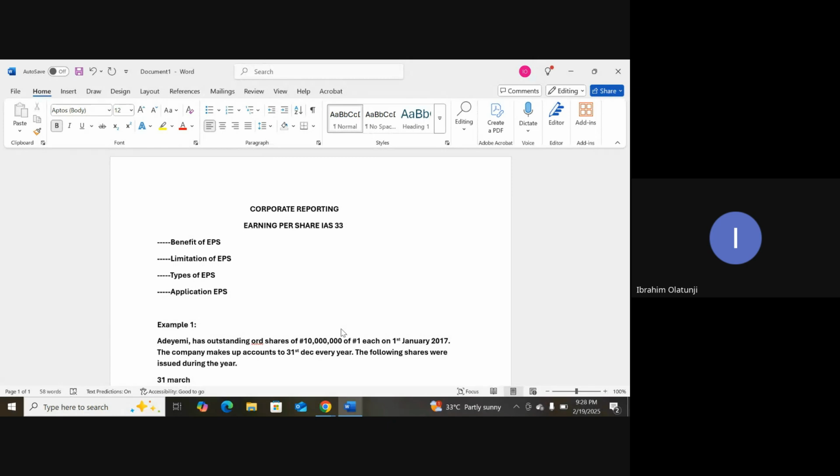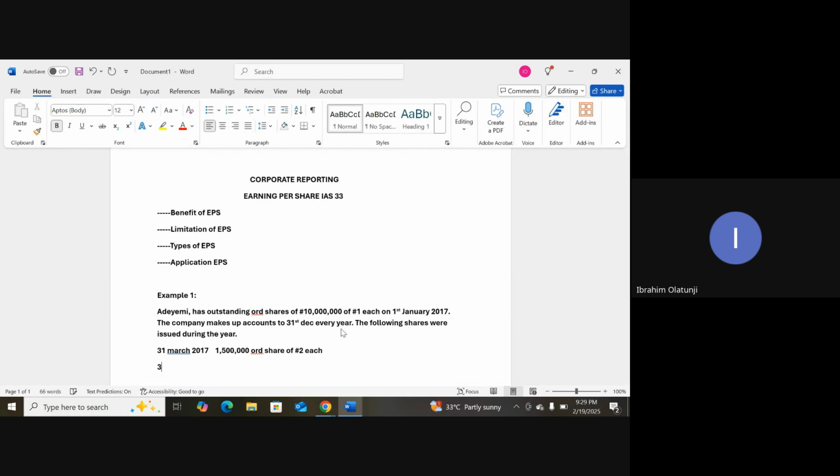31st March 2017, 1,500,000 ordinary shares of 2 naira each. 31st July 2017, 450,000 ordinary shares of 2 naira 50 kobo each.